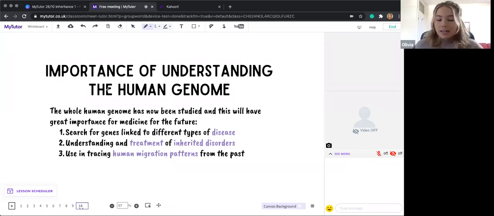So it's really important that we are able to study this. And the Human Genome Project, which was done in the early 2000s, so still quite a recent thing in the grand scheme of things, enabled us to look at every single gene and to identify the sequence that that's made up of. So genes are made of base sequences.